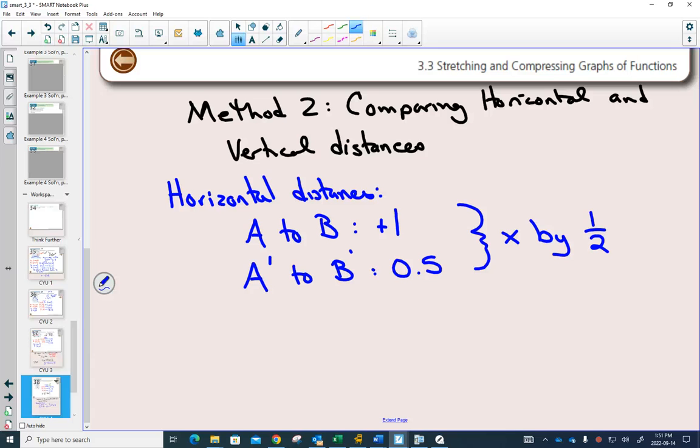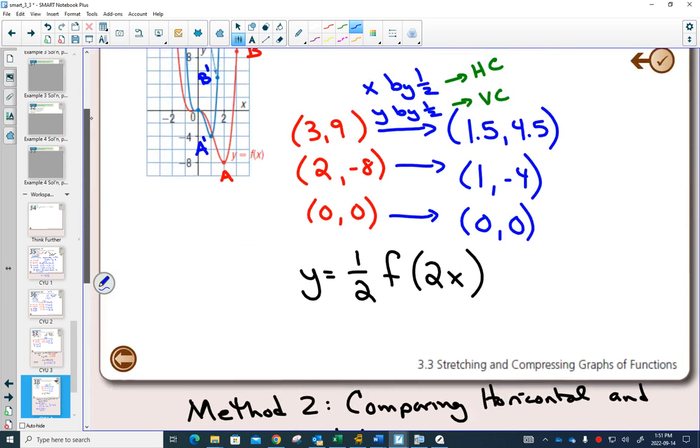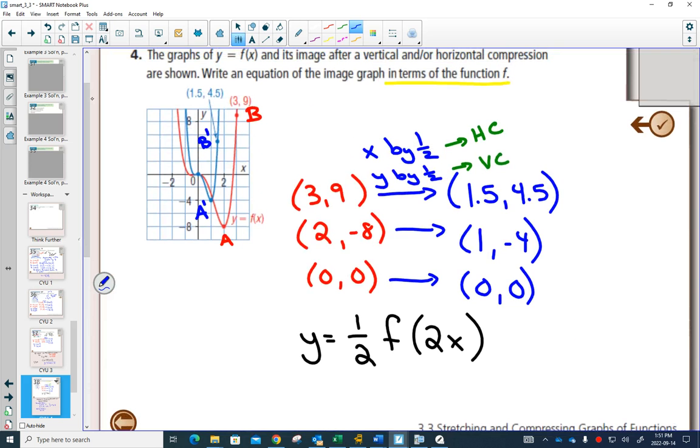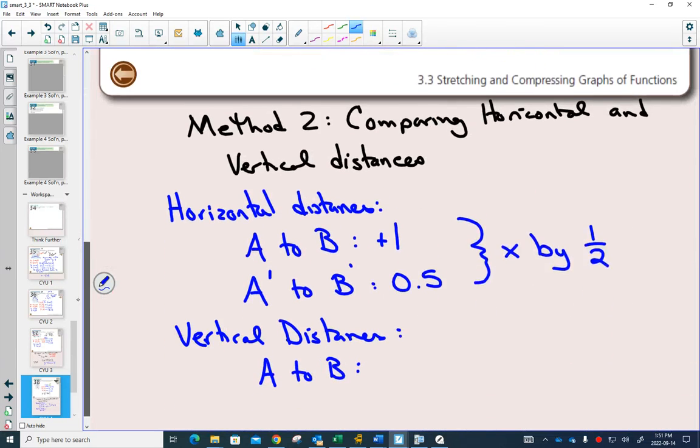Okay? If we look at our vertical distances, from A to B, A is at -8, B is at 9. We would be going up 17.